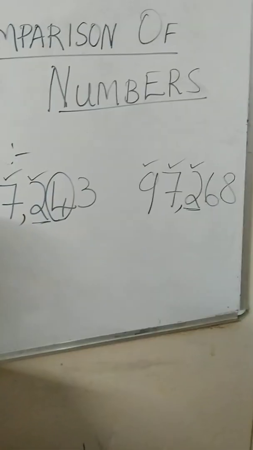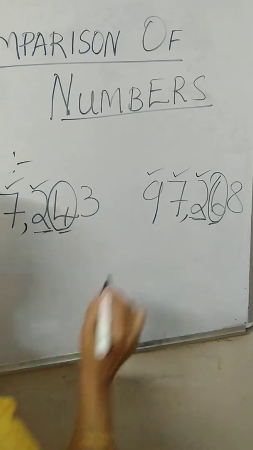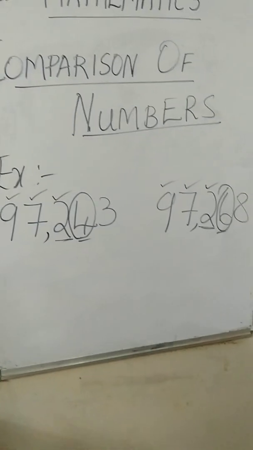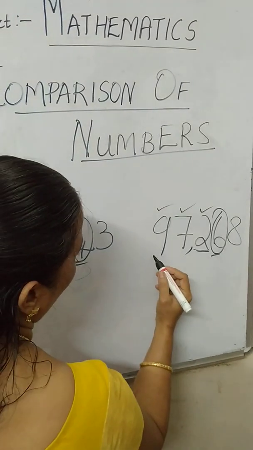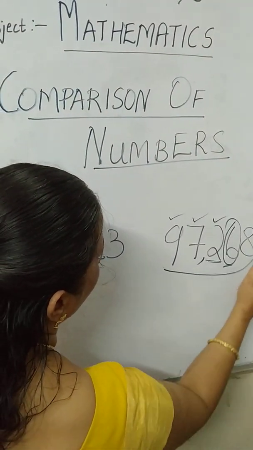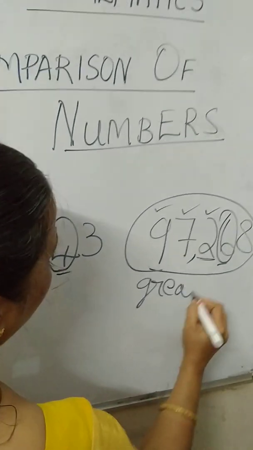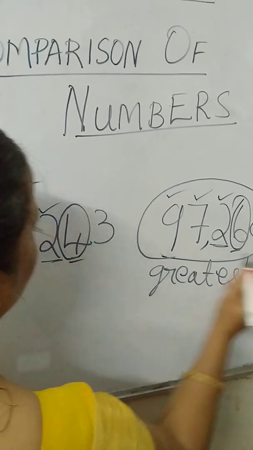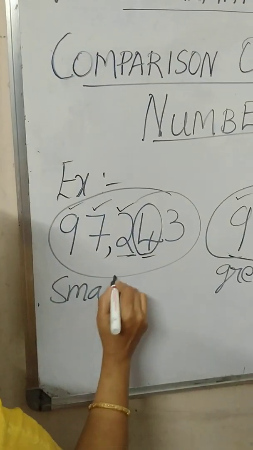Here the number is 4 and here it is 6. Now you can easily compare which is the greatest and which is the smallest. Yes, now we can tell that this number is the greatest number and this number is the smallest number.